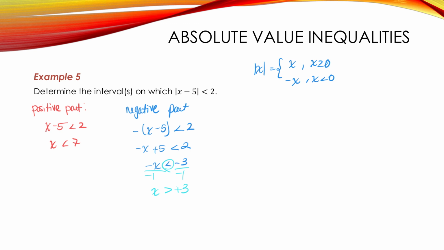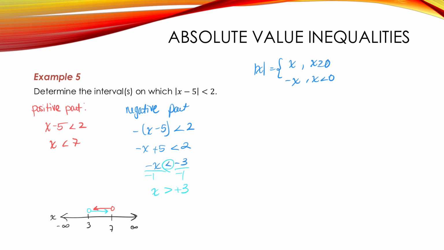So if we were to think about this on a number line, right, and these are our x values, and they go from negative infinity to infinity, we have a 3 and we have a 7. The 3 says it has to be greater than that number, so it's going to go this direction. The 7 said it has to be less than that number, so it's going to go this direction.